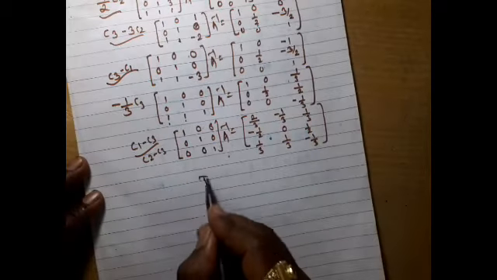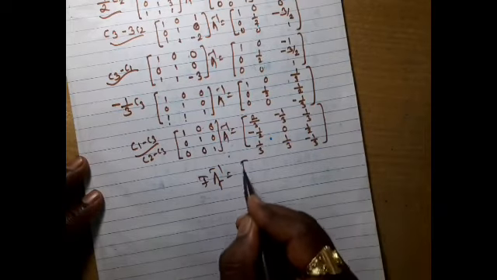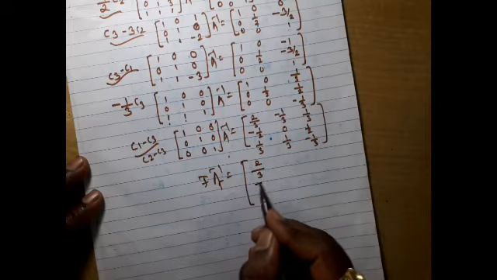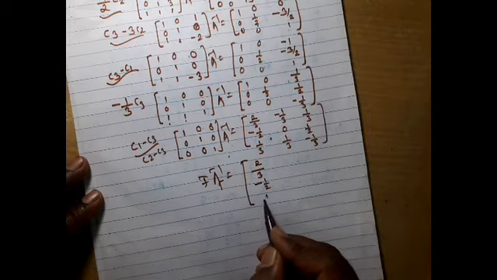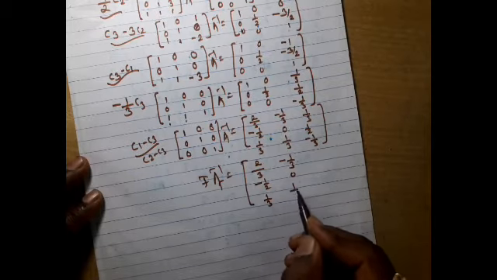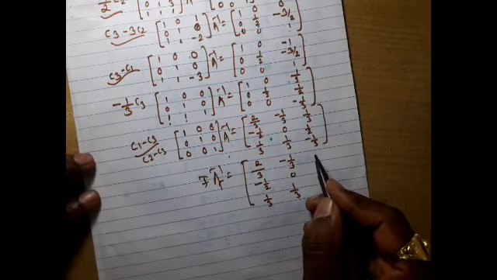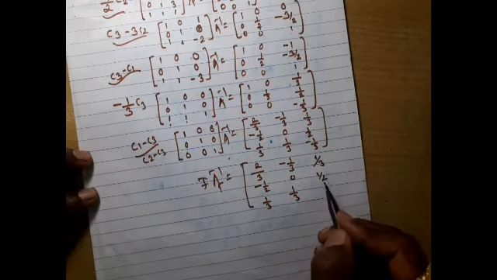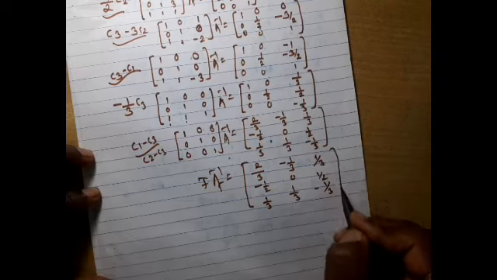So this will become I into A inverse is equal to 2 by 3, minus 1 by 2, 1 by 3, minus 1 by 3, 0, 1 by 3, 1 by 3, 1 by 2 and minus 1 by 3.